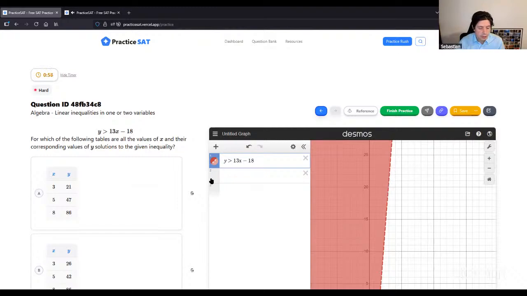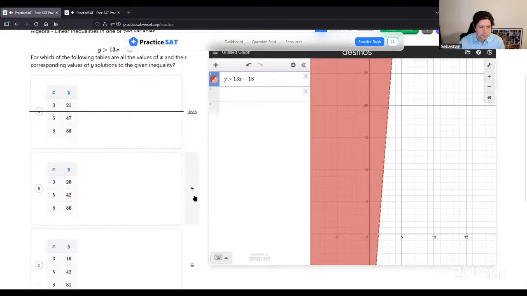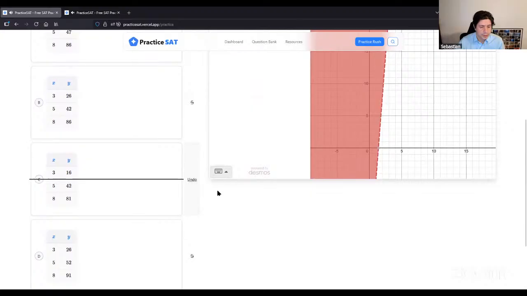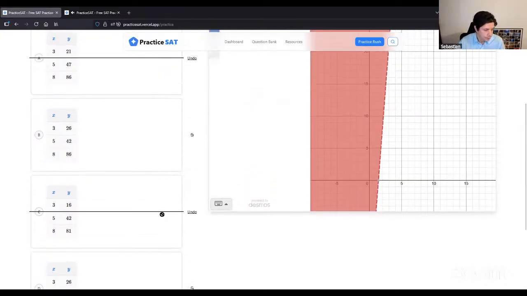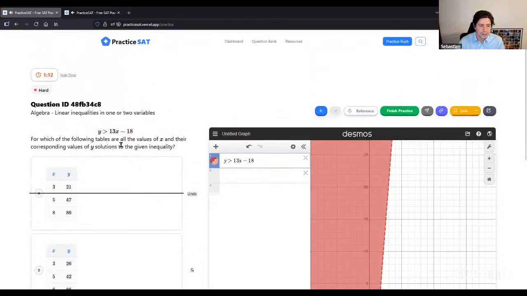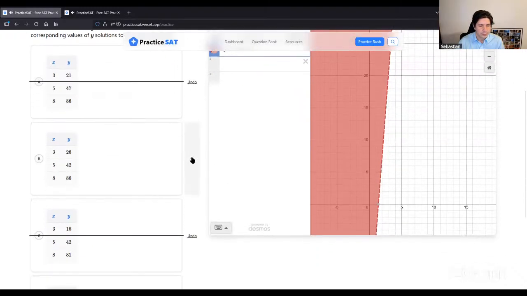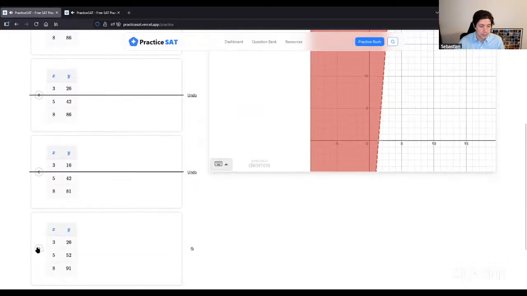So y has to be greater than 21. So it can't be this one. Can't be this one. Okay. When x is 5, you know what? Yeah, let's just plug in. So 5 times 13 is 65. Minus 18 is going to be 47. So it has to be greater than 47. So it has to be D.